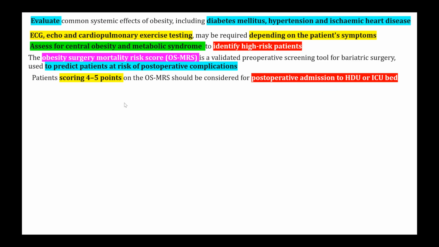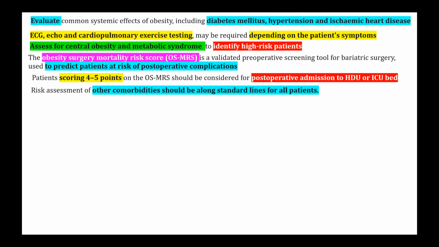Many of them are just kept in the regular PACU, post anesthetic care unit, and discharged as early as possible. Especially after an enhanced recovery program, they are discharged on the second or third day itself and ambulated the same day, and orals are started, with no catheterizations, nasogastric tube, etc.